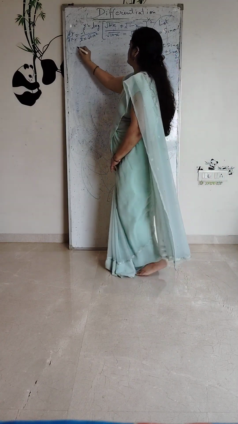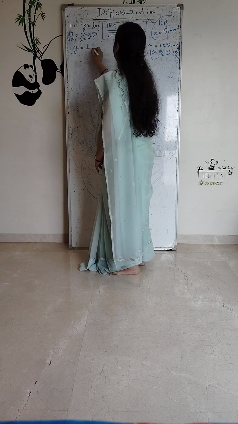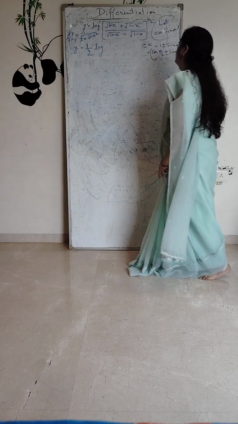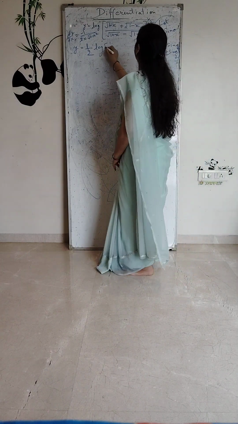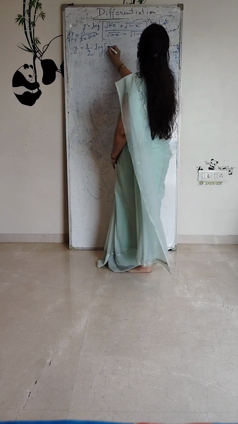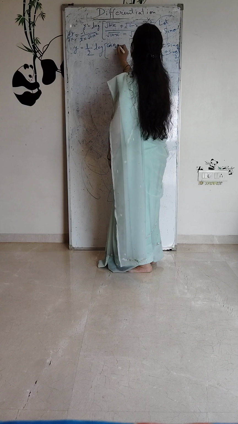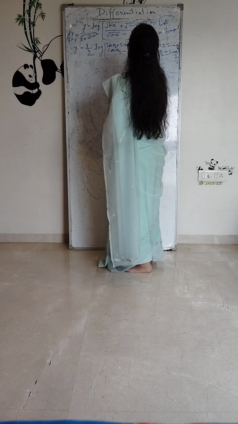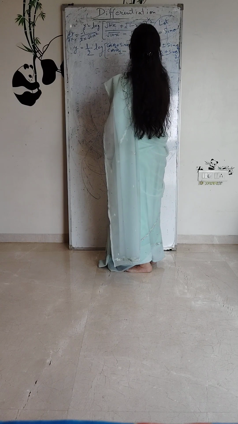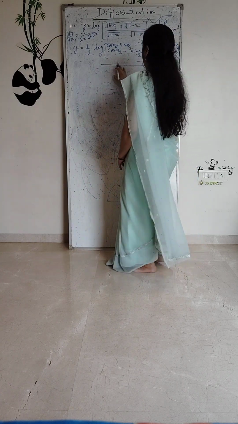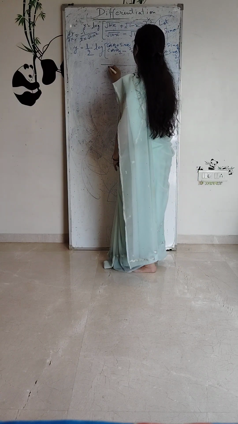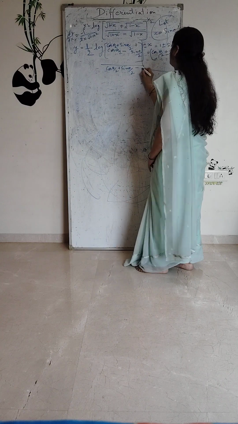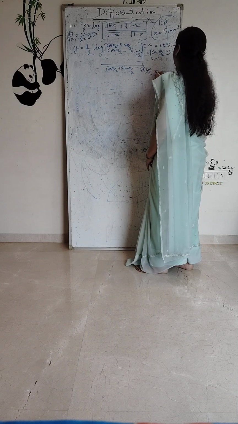So this whole form will reduce to 1 by 2 in front of log, of numerator cos theta by 2 plus sine theta by 2 plus cos theta by 2 minus sine theta by 2, and denominator cos theta by 2 plus sine theta by 2 minus cos theta by 2 plus sine theta by 2.